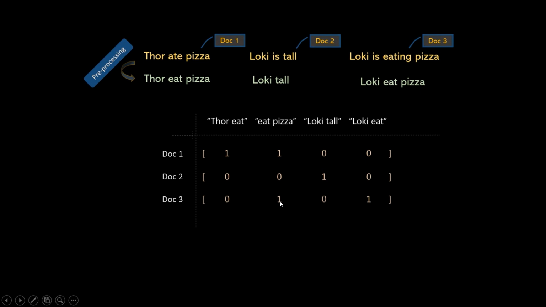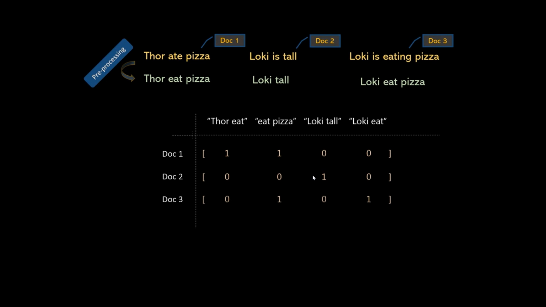These two vectors are close together in a kind of relationship, eating something or eating pizza. When you compare document 1 and document 2, there is not any matching value, meaning that document 1 and document 2 are totally different.